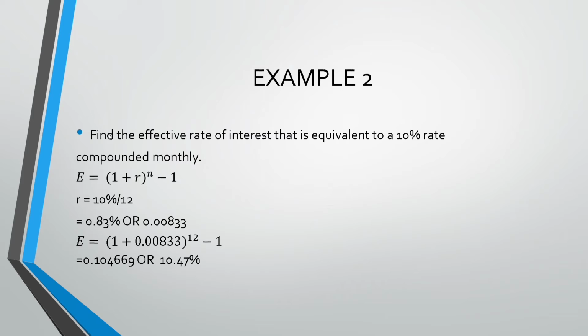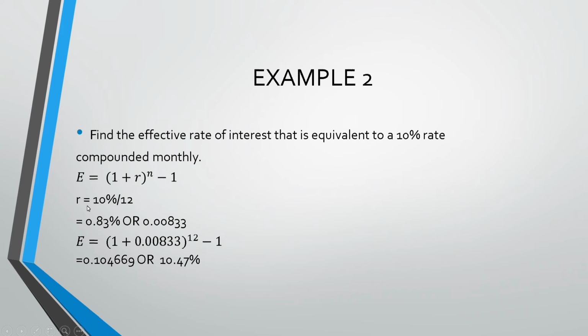Find the effective rate of interest that is equivalent to a 10% rate compounded monthly. So in this case, it is compounded monthly. Let's solve it. The formula is effective rate is equal to 1 plus r raised to n minus 1.